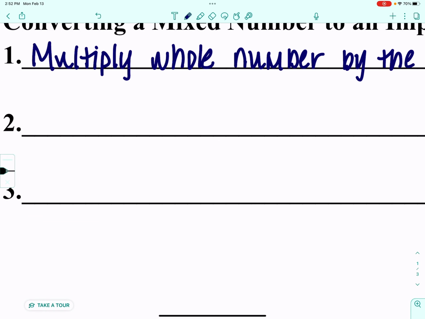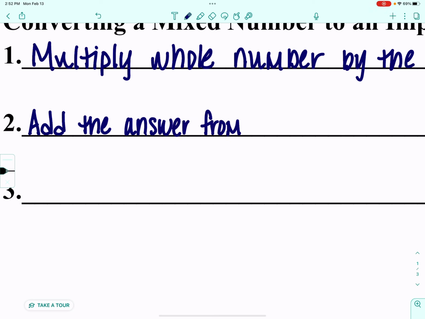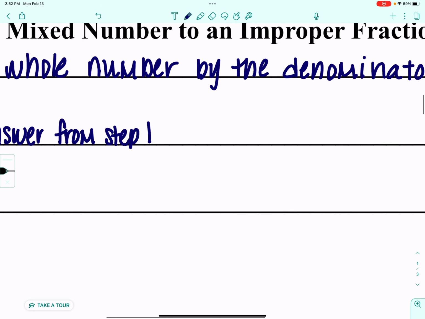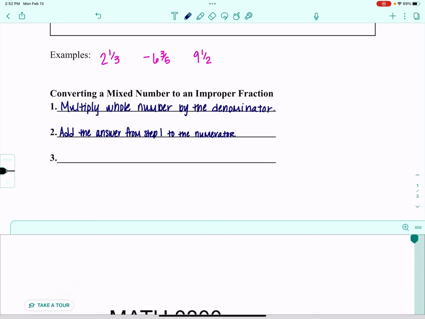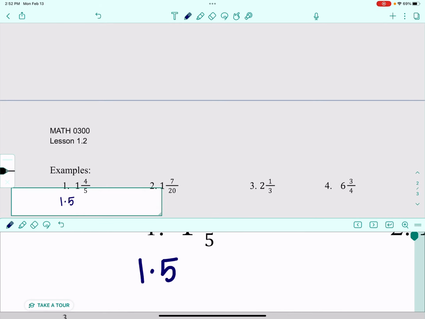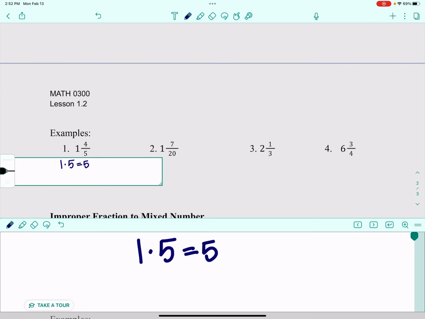Then I want to add the answer from step 1 to the numerator. Well, that's easy enough. I want to add this answer, so 5, to the numerator.